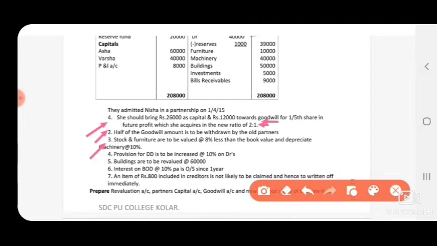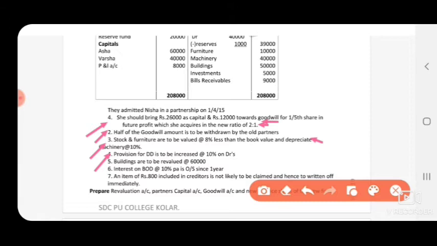Next, depreciation on machinery at 10%. So stock, furniture, machinery, it is all depreciation. We have to record under revaluation account debit side. Next, the provision for doubtful debt is to be increased to 10% on debtors.